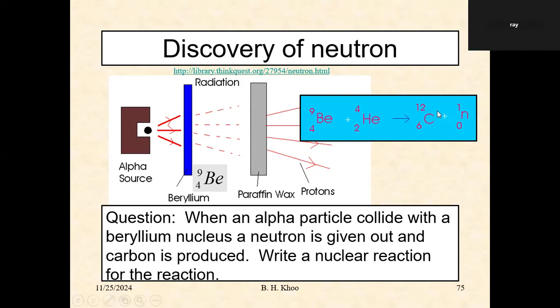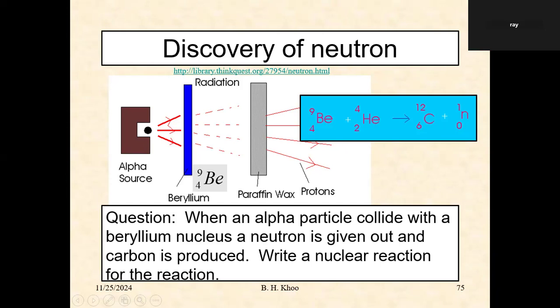Usually they expect you to recognize carbon, otherwise they will tell you carbon is produced. But you should be able to write the Z number and the A number, the nucleon number and proton number.